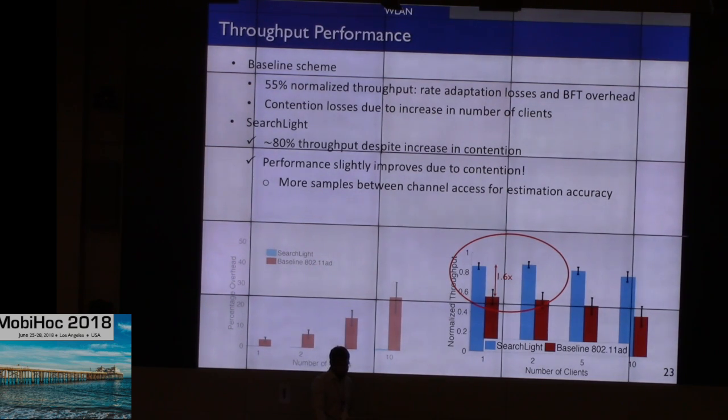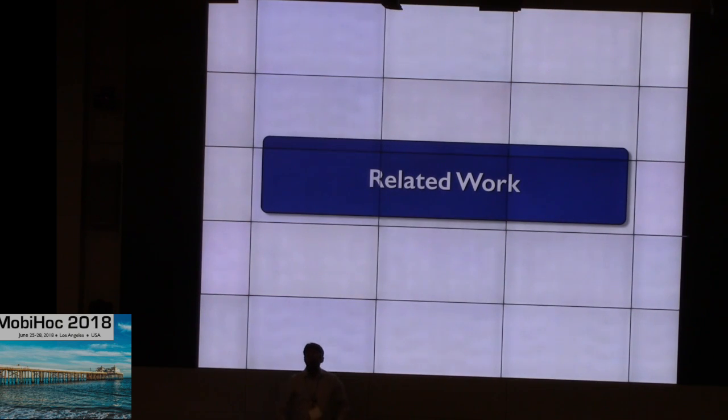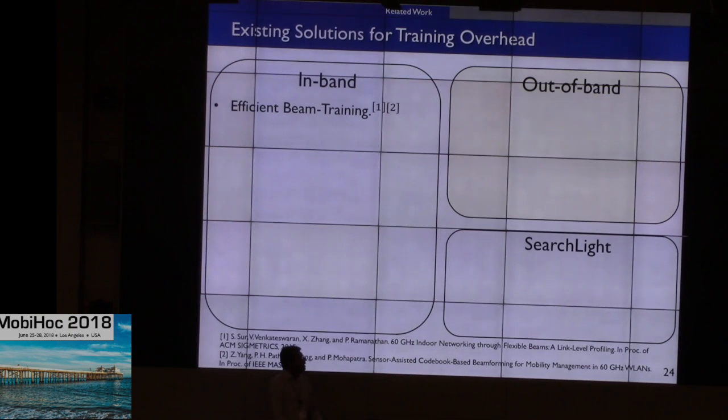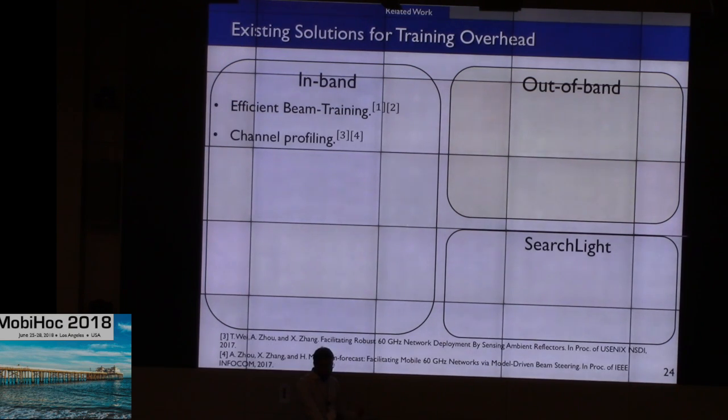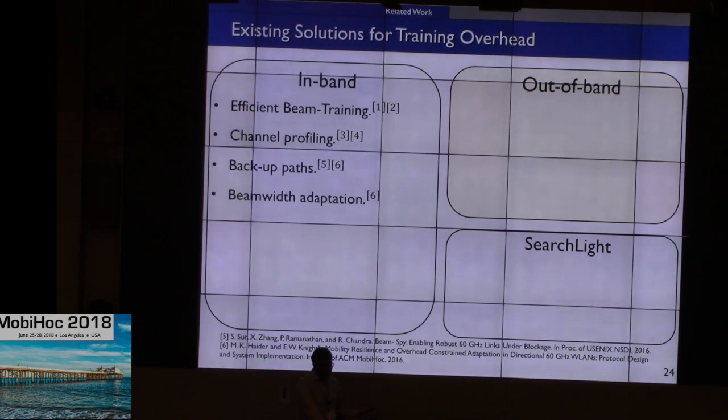Finally, I'll talk about some of the related work in this field and how SearchLight compares to that. There have been both in-band and out-of-band strategies proposed for addressing the training overhead problem in 60 GHz networks. The in-band solutions focus on strategies such as efficient beam training, channel profiling, backup paths, and beamwidth adaptation.